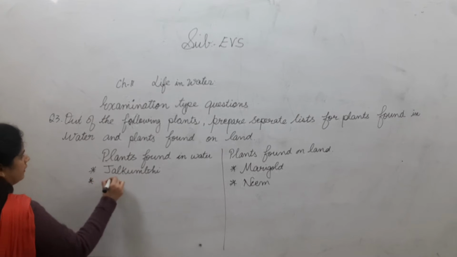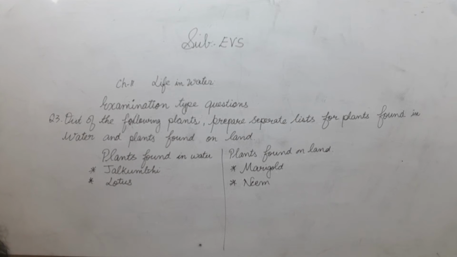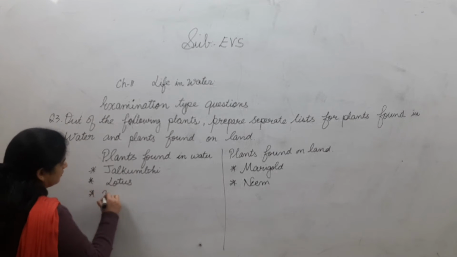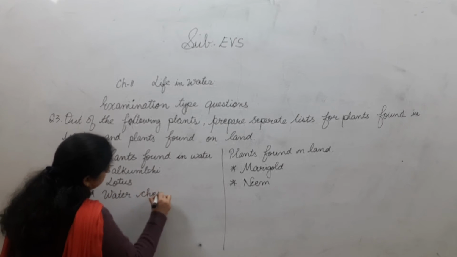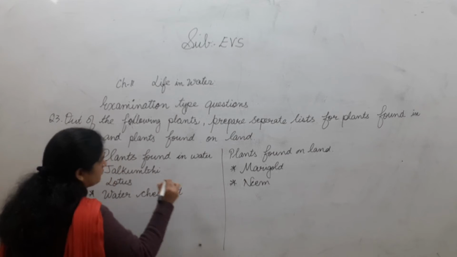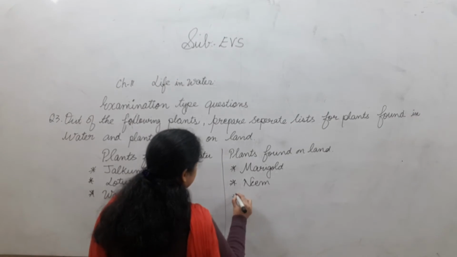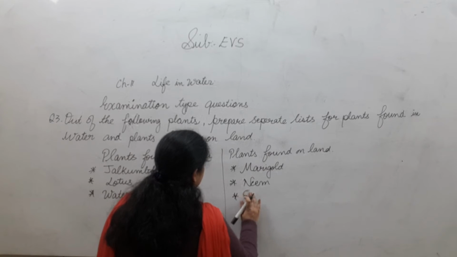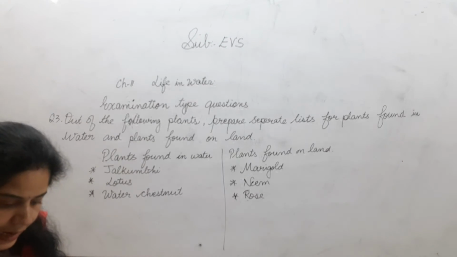Lotus is found in water. Next one is water chestnut. Water chestnut is found in water. Next is rose. Rose is found on land.